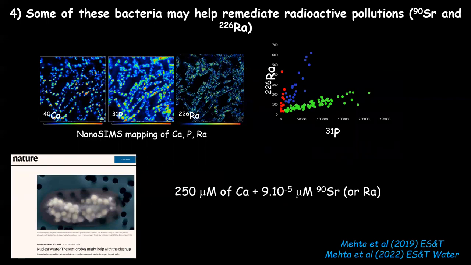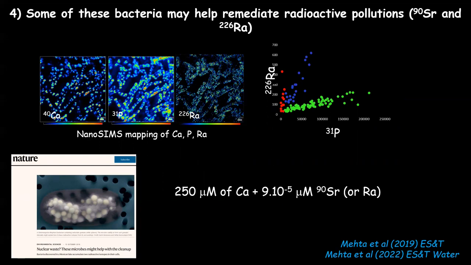And what we showed is that if you put them in a solution where you have some radioactive isotopes, radium has only radioactive isotopes, you can also do that with a radioactive isotope of strontium, like strontium-90, even if you have tons of calcium in the solution, they will take up those radioactive isotopes very efficiently.